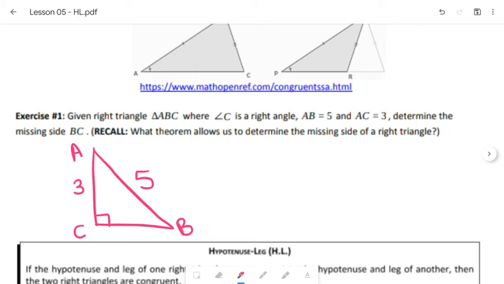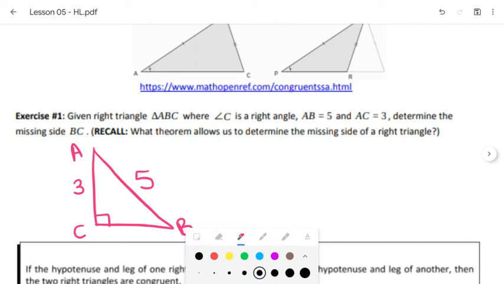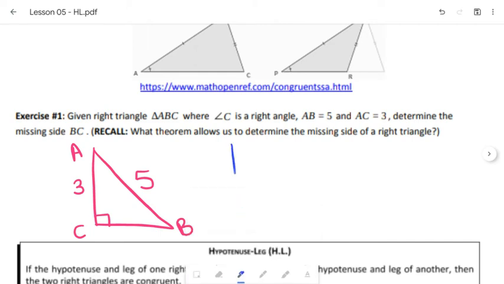Right now, I have an angle, a side, and a side. If I'm trying to show why HL would work, if I had another triangle, we would have that angle, this side, and this side. Now, angle-side-side, okay. We know it doesn't work every time, but let's see how we know what that missing piece would be.